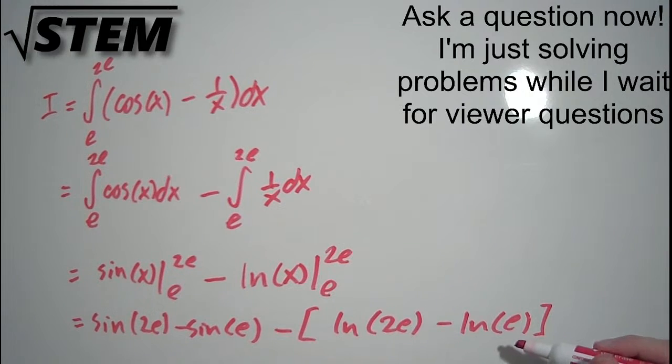Now the natural log of e is simply 1. The natural log of 2e, however, is not quite as simple. If it was e squared, we could pull that 2 out, but it's not. It's 2 times e. So we're going to use a different natural log fact.